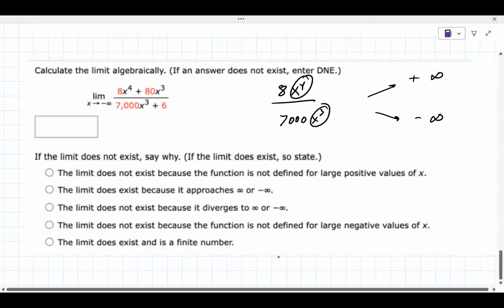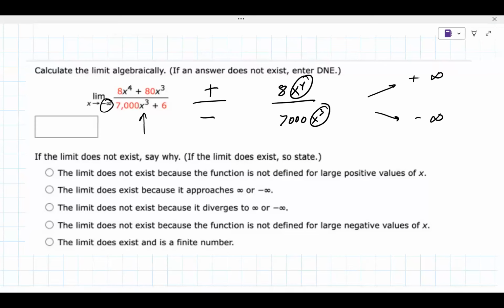We have to decide, and it depends on the values of x. Think of whatever number you have: a number to the power of four is always positive. A number to the power of three, because you're going in the negative direction, is negative. So a positive over a negative is negative. This goes to negative infinity.